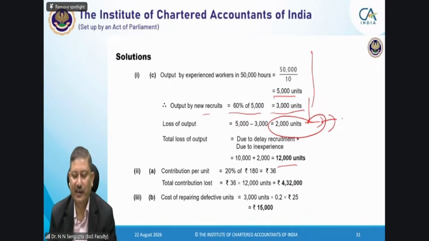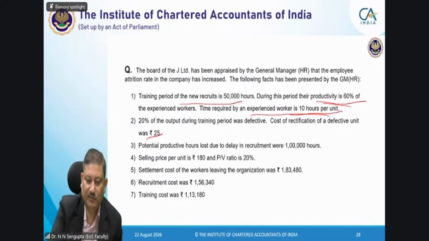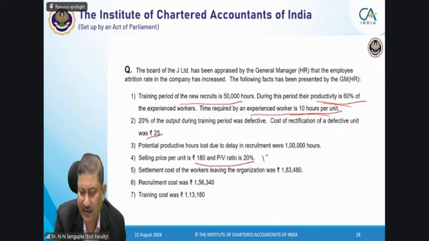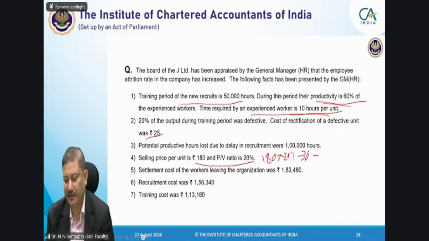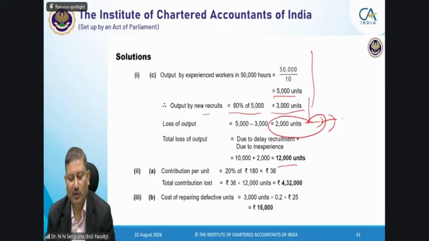Contribution per unit is 180, that is 20%, which is given in the question as I told you. So in the question itself, we can see 180 into 20%, that means 36, and the rest is the variable cost. So what is the total contribution lost?